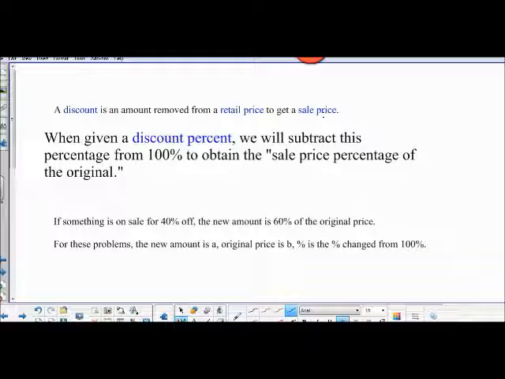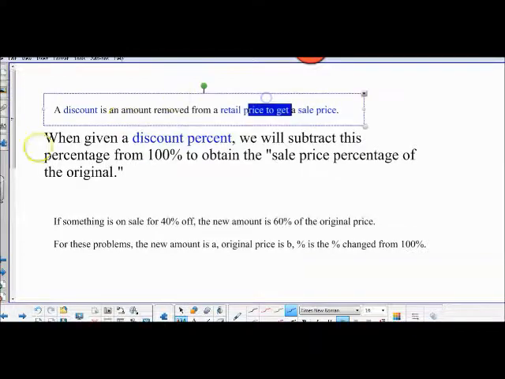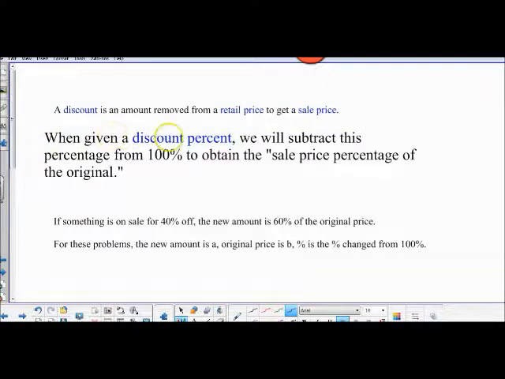If it is discounted, then a percentage is taken off from that. So when given a discount percent, let's say that it is 40% off. All right, we'll subtract that percentage from 100 to obtain the sale price percentage of the original. So if something is on sale for 40% off, the new amount is 60% of the original price.